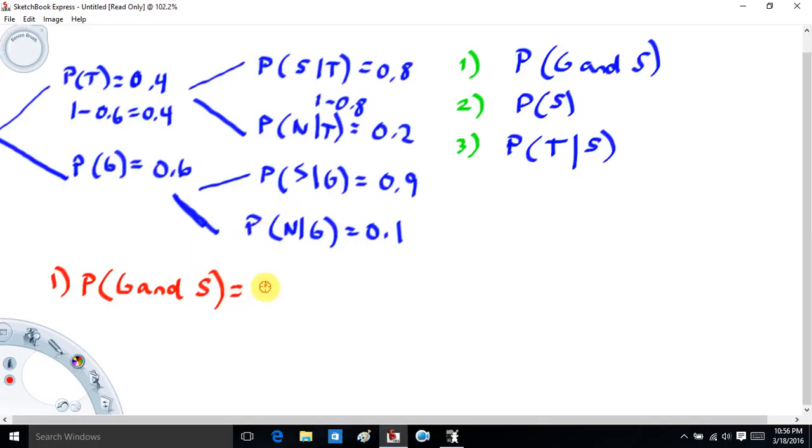Remember, the probability of G and S is going to be the probability of G times the probability that we got a scholarship given that we had Coach George. So that's going to be 0.6 times 0.9.